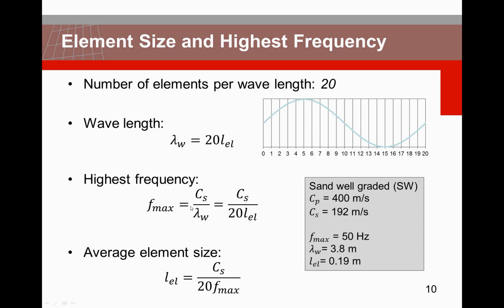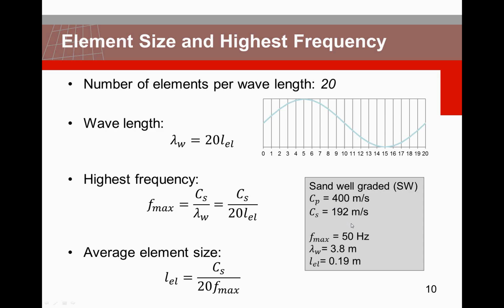The shortest wavelengths will occur for the lowest wave speed, so the shear waves. And you probably also have a maximum frequency of interest in mind. Say, for instance, we go back to our well-graded sand, where we had 400 meters per second for the primary waves, and the slower shear wave was 192 meters per second.